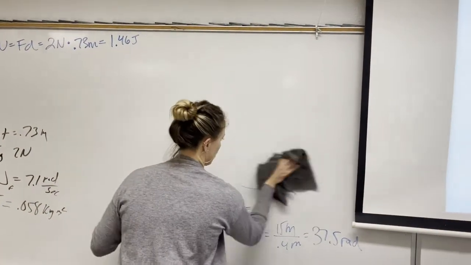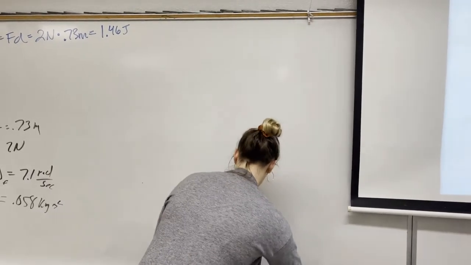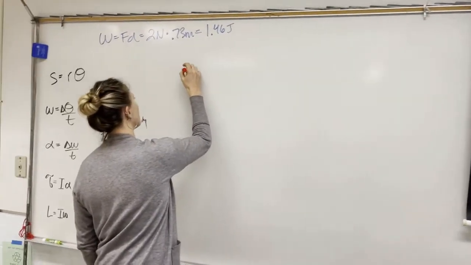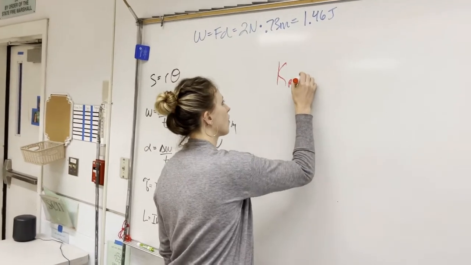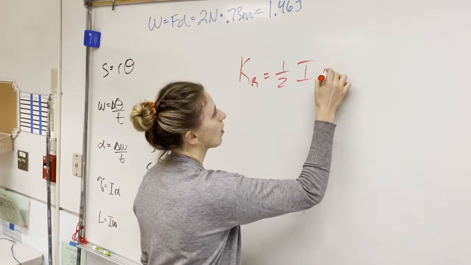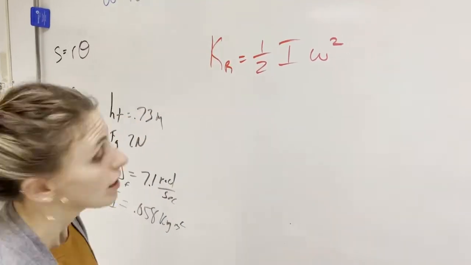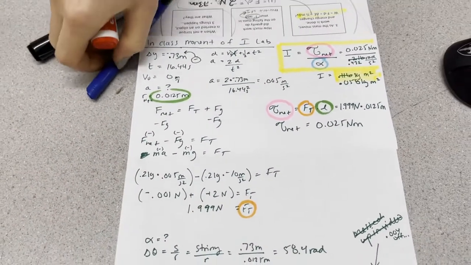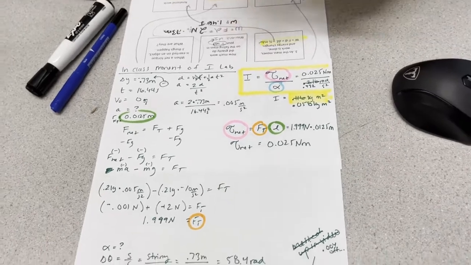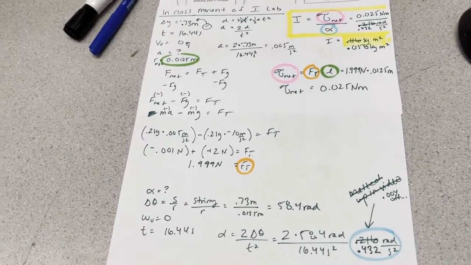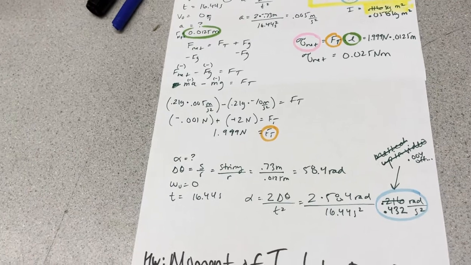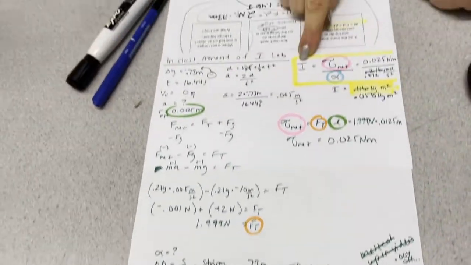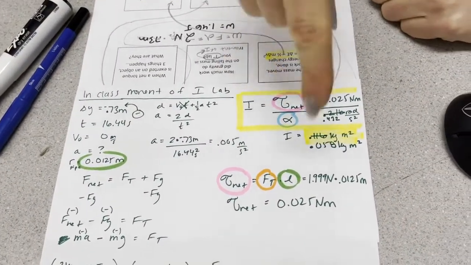So looking at the data, we calculated the... If you want to take a look at my worksheet, this was the answer key we went over a couple of days ago for the lab, and we figured out the moment of inertia for that mass when the T was spinning.